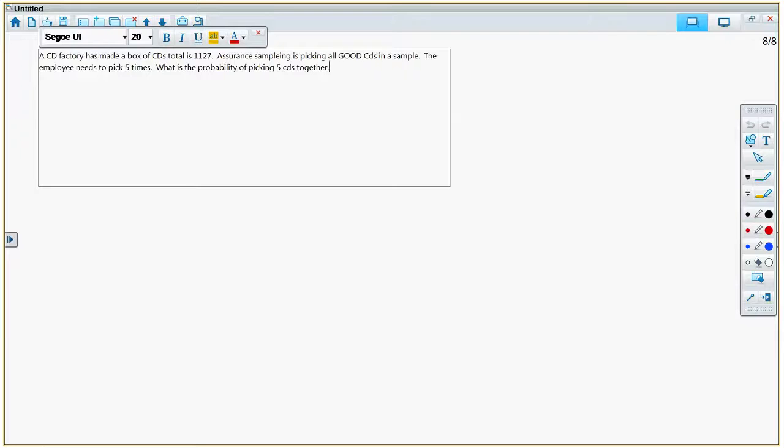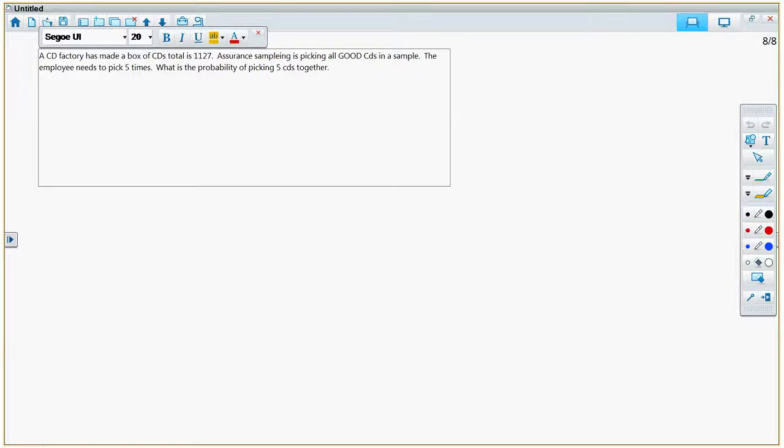And they go through and they pick 5 CDs. They go back to the lab, they test the CDs to see if they're good. If they're all good, then that box goes to Walmart or Target, and then let them deal with the defective ones. And that's how they usually deal with them. In Target, if you got a bad CD, you take it back, and they'll just say, go get you another one. And they send the ones back to the factory.